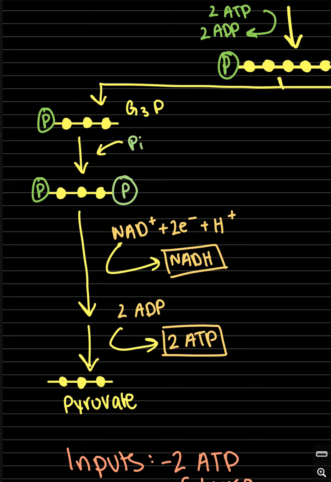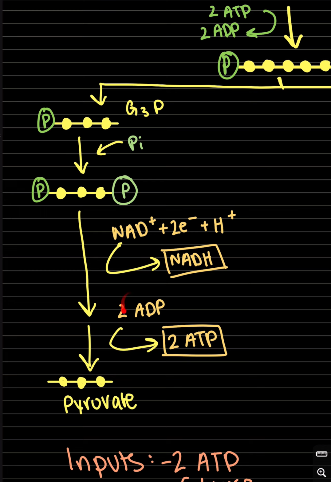So this arrow is showing how they're removing electrons, which are high energy, and passing them to NAD plus, along with hydrogen ions, or protons, and making NADH. This is held on and then sent to the electron transport chain, which I'll make another video on later.